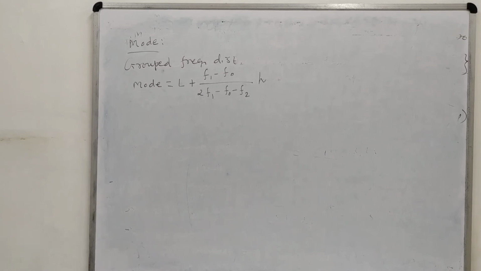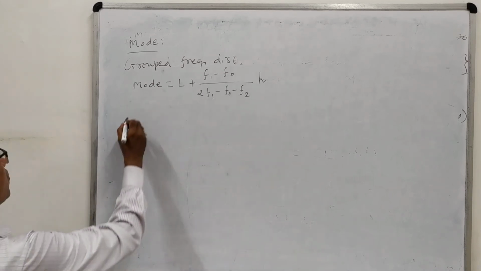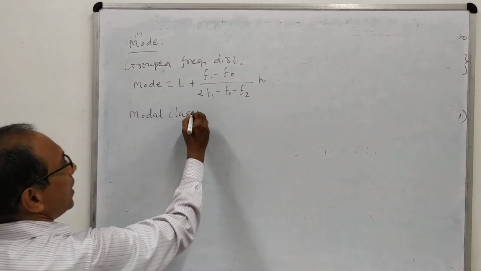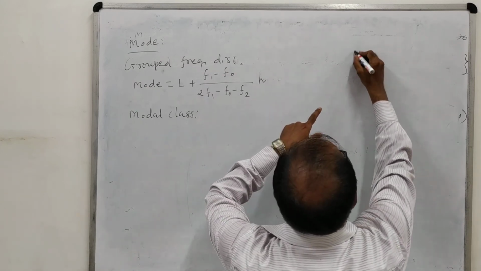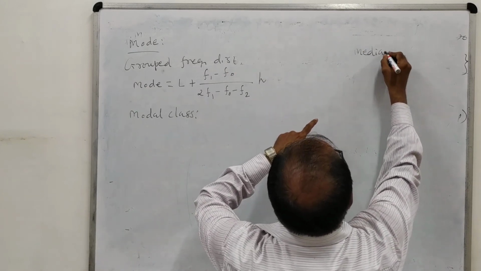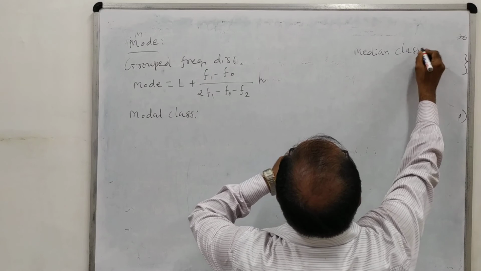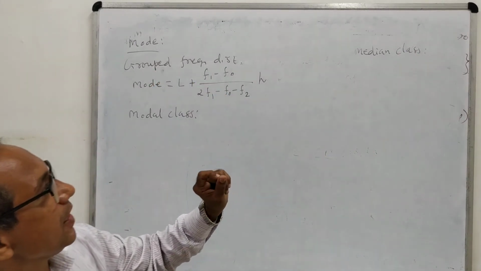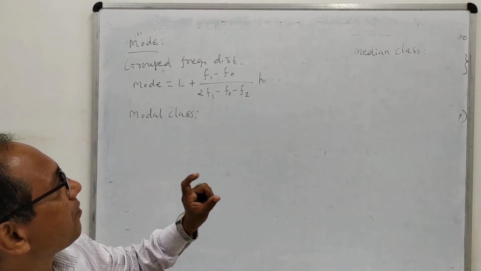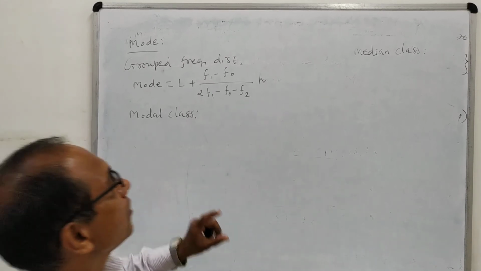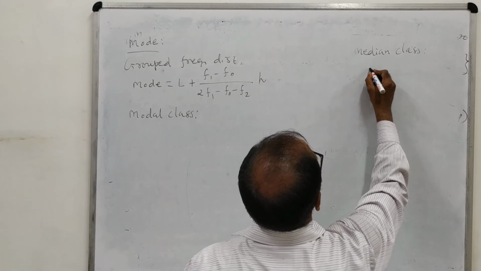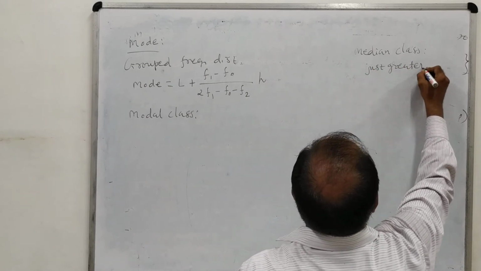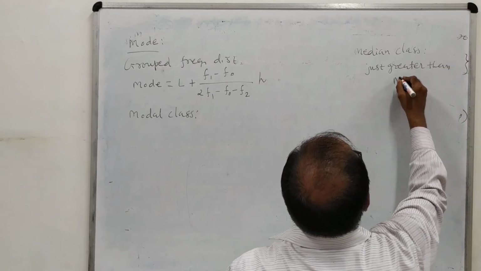Before that, we will have to find the modal class. As you have seen in the median, we obtained the median class for the grouped frequency distribution as the class corresponding to the cumulative frequency just greater than capital N by 2.